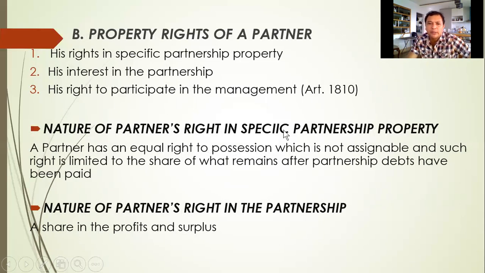Okay. So nature of partner's right in specific partnership property. So this is specific. A partner has equal right to possess, which is not assignable. Dili matransferred, no? And such right is limited to the share of what remains after partnership debts have been paid. So if ever there is a building that is owned by the partnership and there are 3 partners in that partnership, so that building is owned by 3 persons, no?